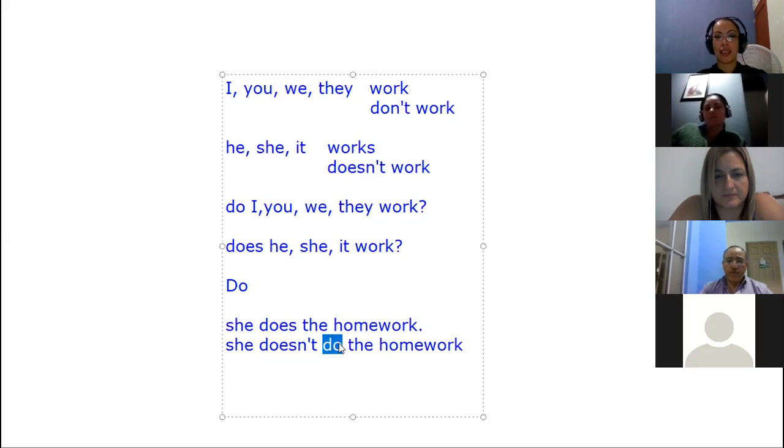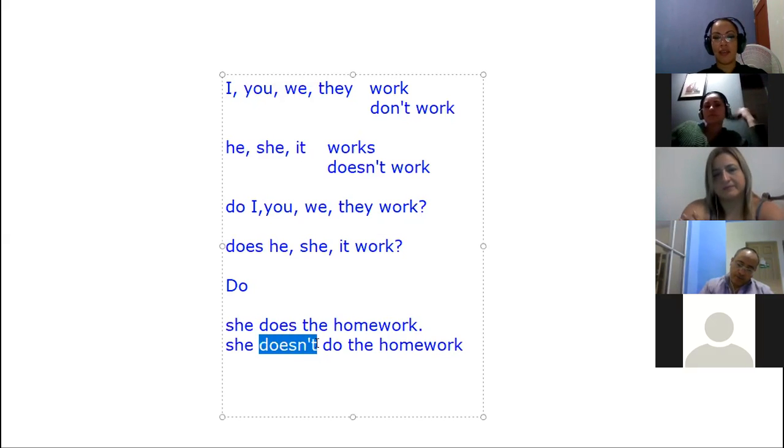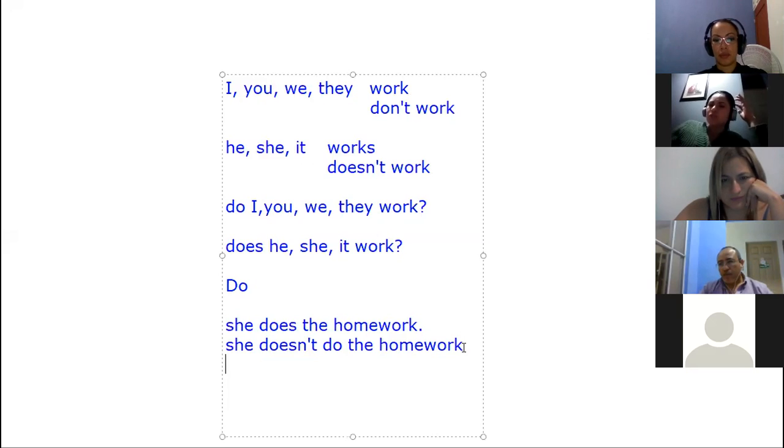Toda oración necesita llevar un verbo. Aquí no es que lo esté repitiendo, sino que aquí es solo auxiliar. Solo me indica el presente negativo y el verbo que es do, ahí sí significa hacer.